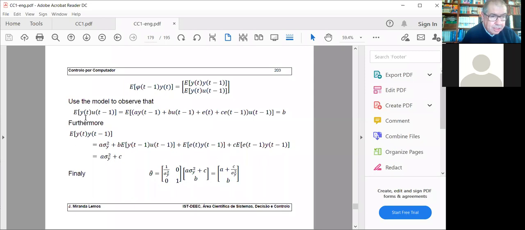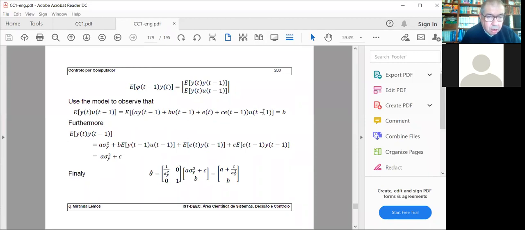The expectation of y of t u of t minus 1. Now, I use the model for y of t, and so I write the expectation of the model times u of t minus 1. Now, let's take all these products. u is independent of e, so these two terms vanish, because the expectation of u times e is the product of their expectations, which are 0.